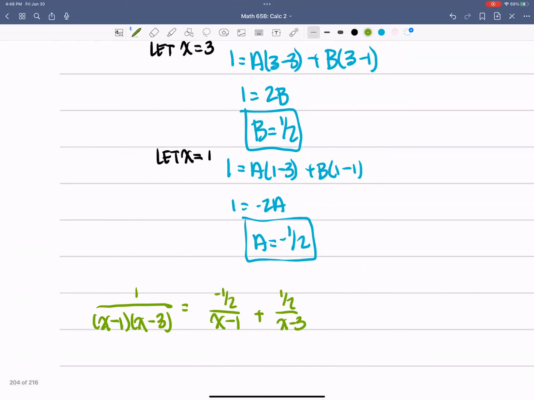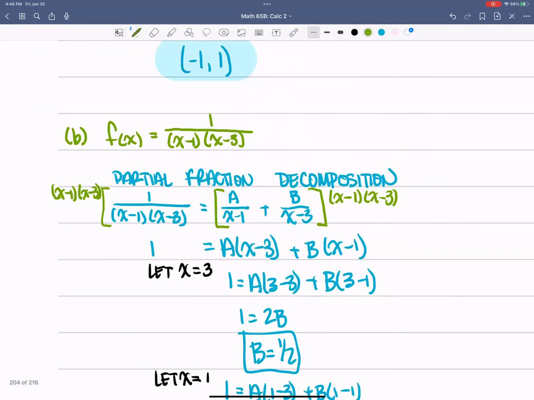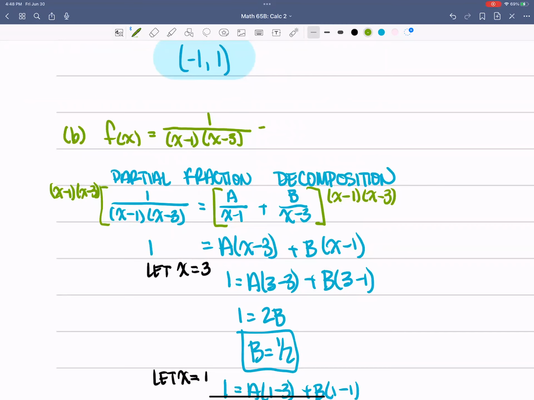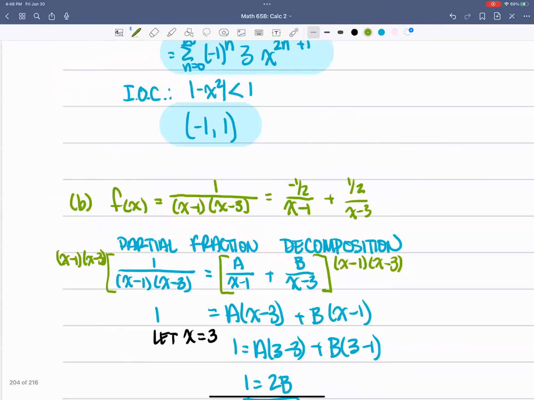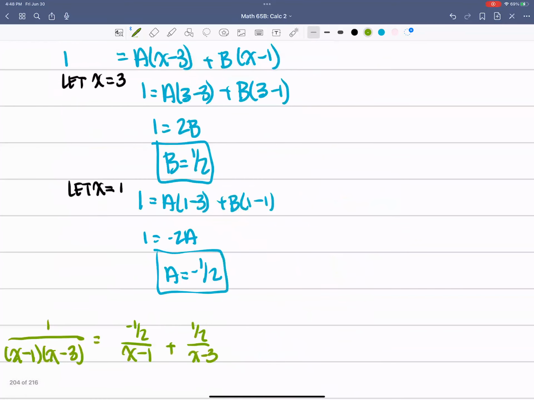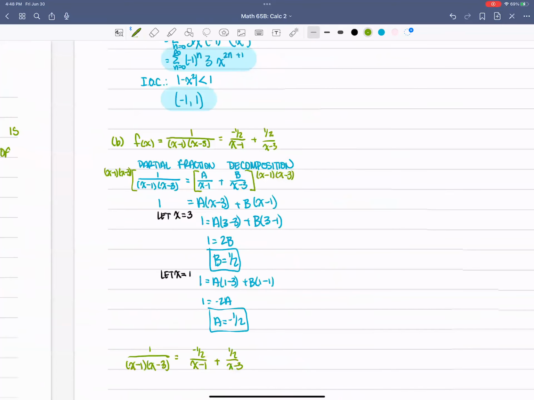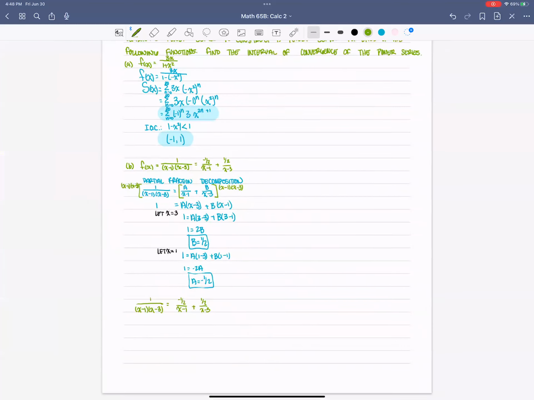So now going all the way back, looking at the original question, we could say that this is equal to negative 1 over 2, x minus 1, plus 1 over 2, x minus 3. Now that we have that, we could apply our partial sums formulas. So this was all the partial fraction decomposition of that problem.